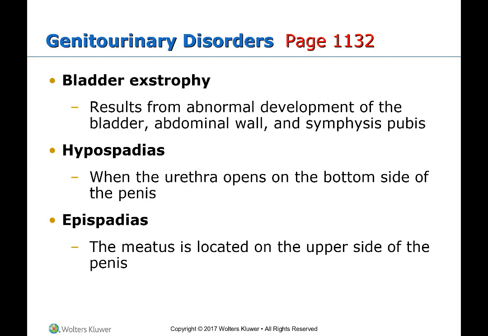So it causes problems during toilet training. They can't direct the urinary stream. So they can make use of the foreskin. So they do not want them circumcised right after birth because they need to use that skin.